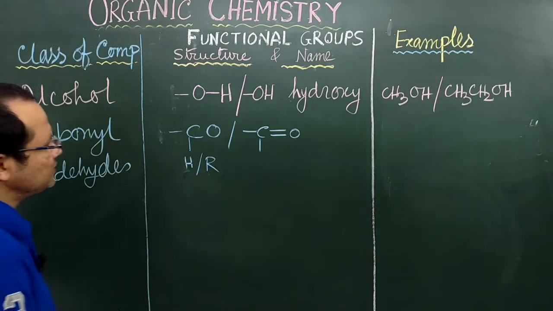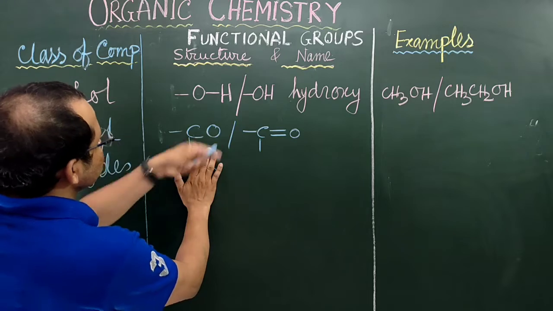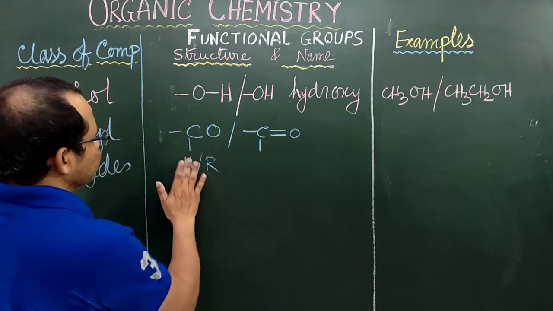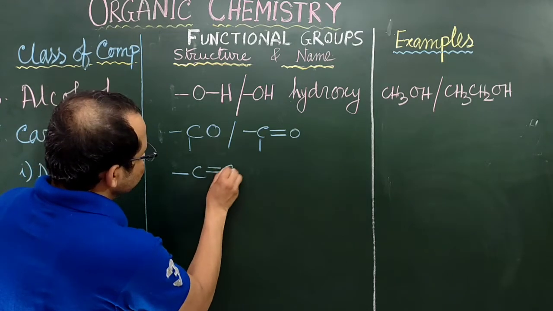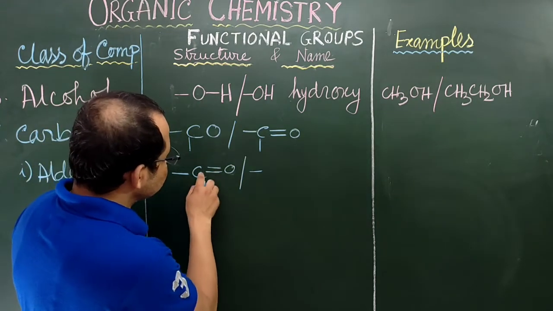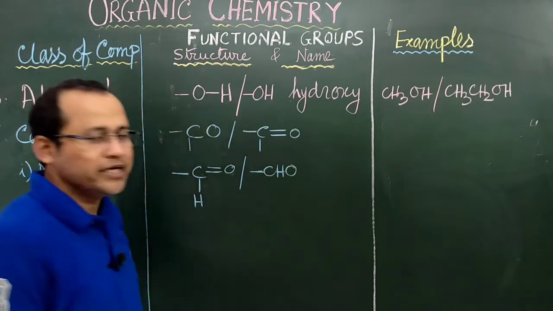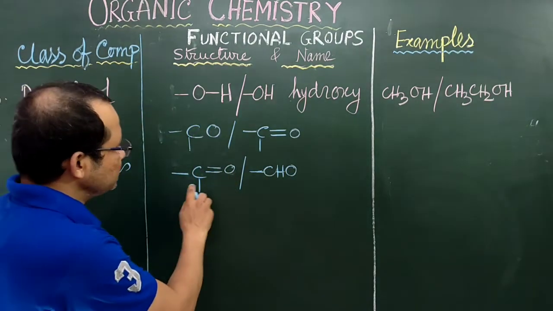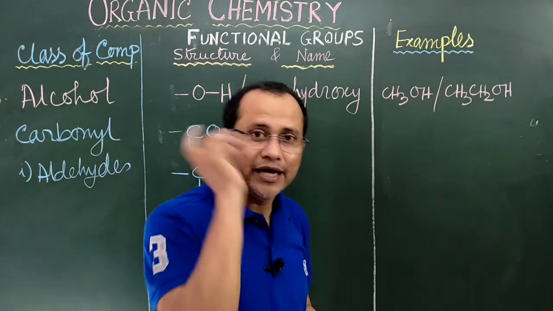So what are aldehydes? If we put hydrogen here, then this group will be termed as aldehyde. That is, the aldehyde group will be this one, and in short this can be written as CHO. So in any compound, if this group is there, the compound is termed as aldehyde.